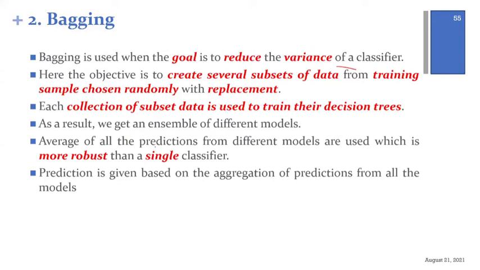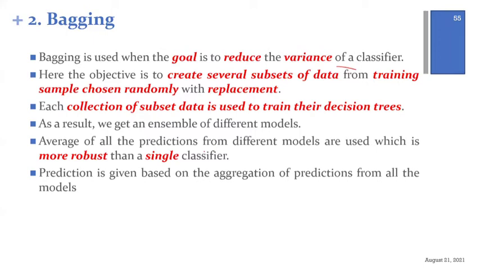So after developing that, you average all the predictions from different models, which leads to something more robust than a single classifier for sure. When you average predictions from different models, it has been proven that they get better results compared to an individual model, no matter how accurate that model could be, because this is the power of groups that are more than random guessing.